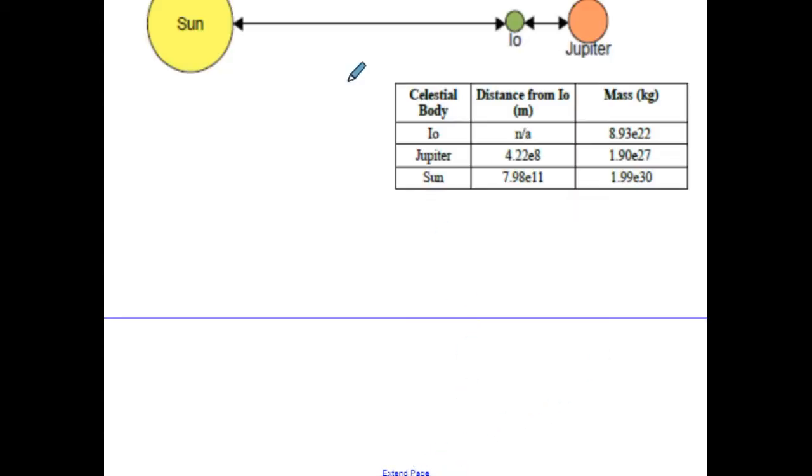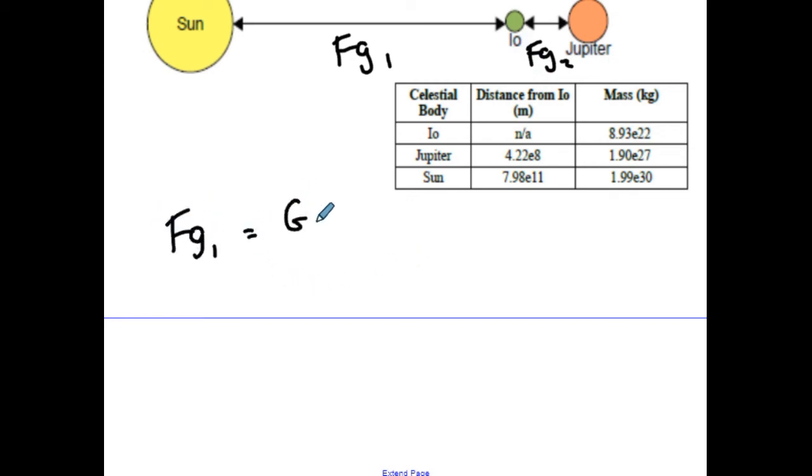Let's try this example, because what we really have is a force of gravity 1, that Io is being attracted to the Sun, but there's also a force of gravity 2 where Io is being attracted to Jupiter. And I'm going to subtract these values from each other to figure out how much net force Io is actually undergoing. And so let's do this here. So I'm going to find Fg1.